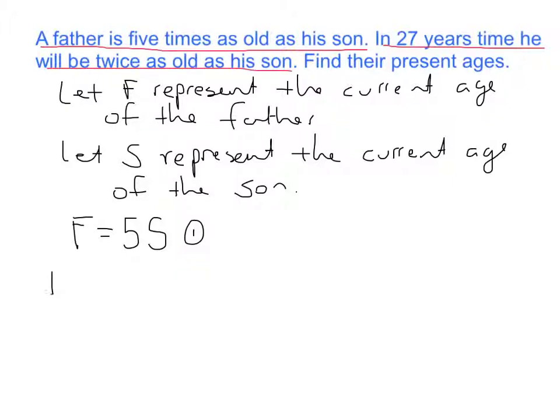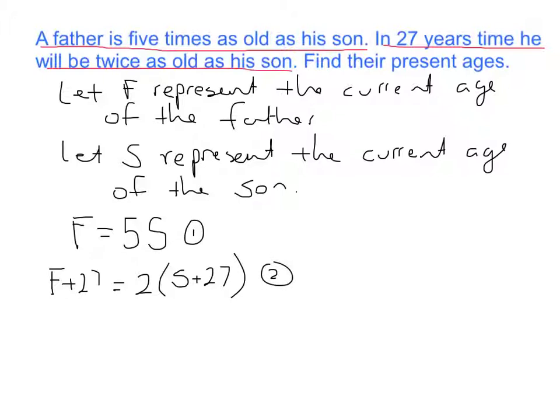So we're going to have f plus 27. So that's the father plus 27. He will be twice as old, so twice as old as his son. So this would need to be 27 years plus the son as well. So we're adding 27 years onto the father, we're adding 27 years onto the son, and the relationship is that the father will be twice the son's age in 27 years' time. So that's our second equation.